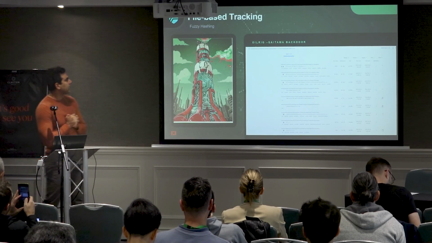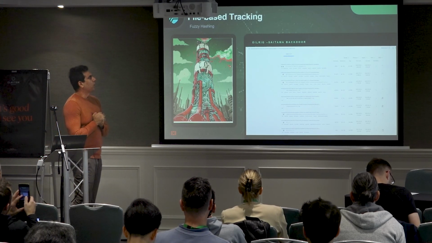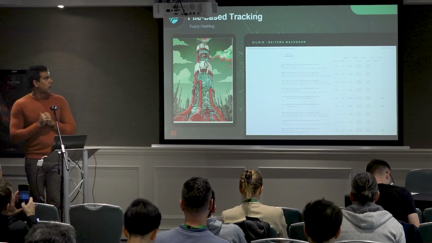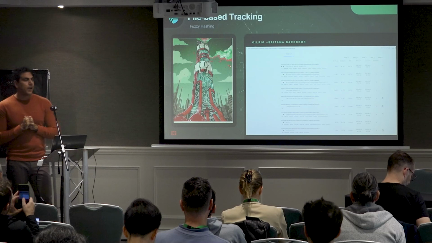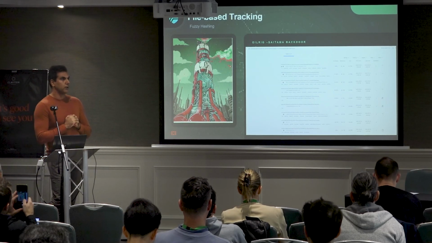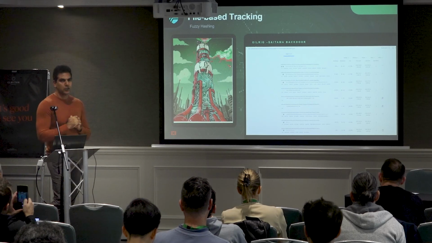Another example of fuzzy hashing is when we discovered Cytomobacter. Cytomobacter was used by APT34, OilRig, and again, we got the initial email and then the document.